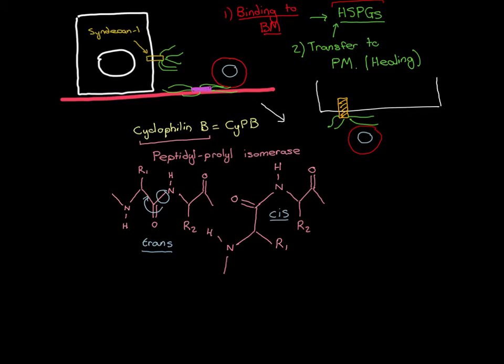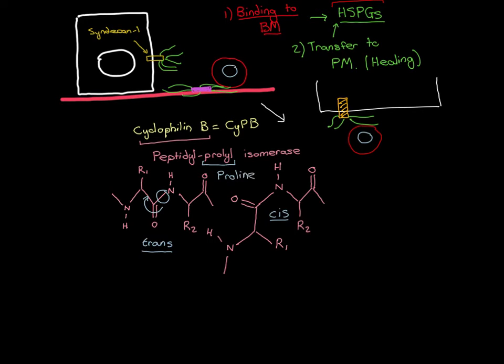Now, just to remind you then of the structure of proline, because that will be one of the major motivating factors for why proline is different. Remember, proline is a very different amino acid from all the other amino acids. So we're now going to talk about this amino acid, proline.